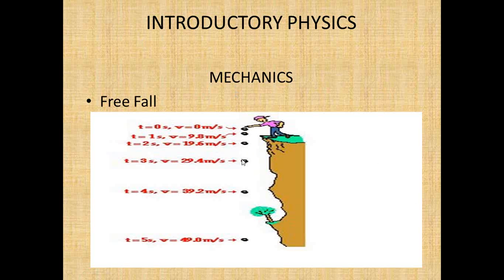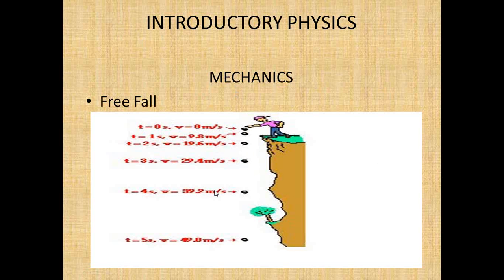For the third second, it increased by 9.8 meters per second again, to give you a total velocity of 29.4 meters per second. And for the fourth second, it increased another 9.8 meters per second.